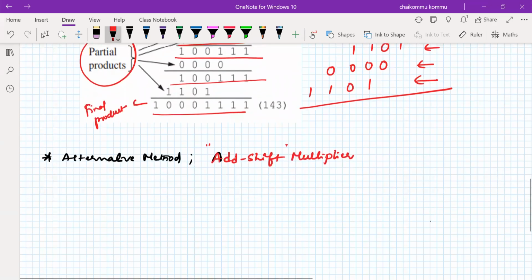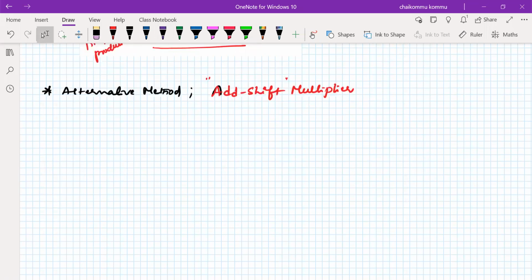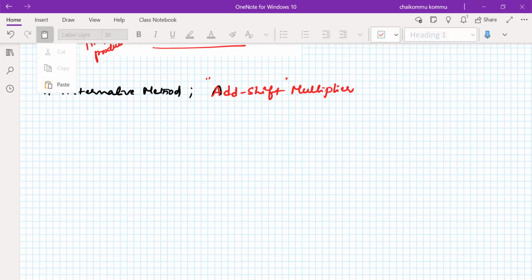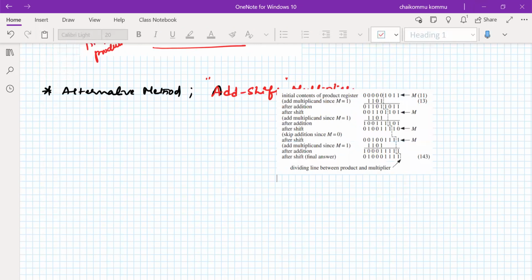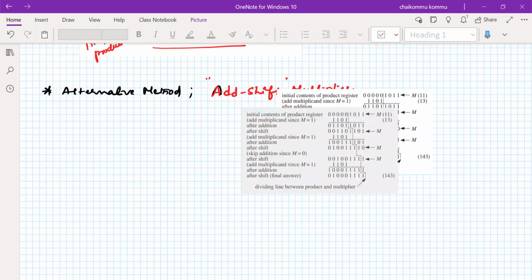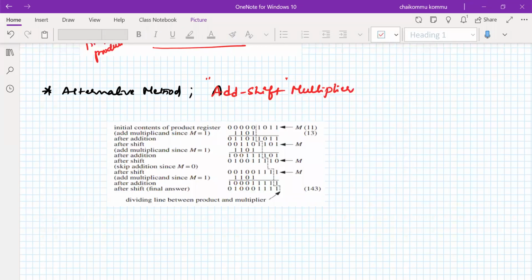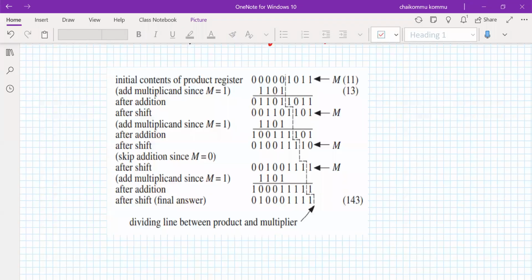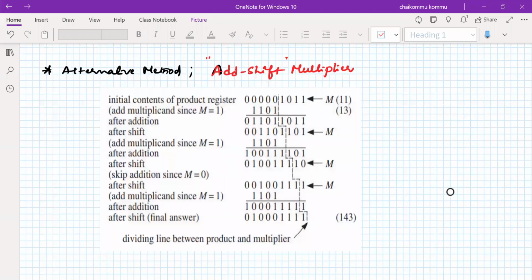In this add-shift method, something like this we have to perform. This is the method normally we use, and I will explain how it works. I hope this is visible, right? Fine. So the same thing I'm doing with the help of the add-shift methodology.